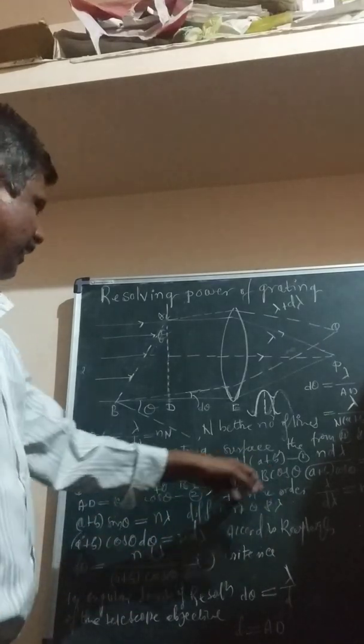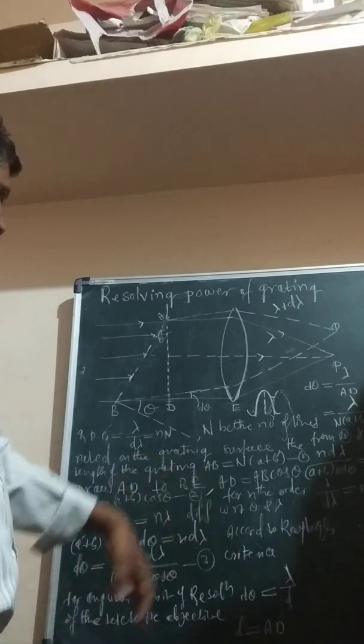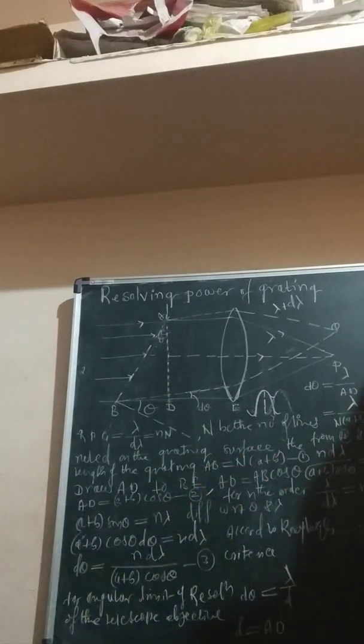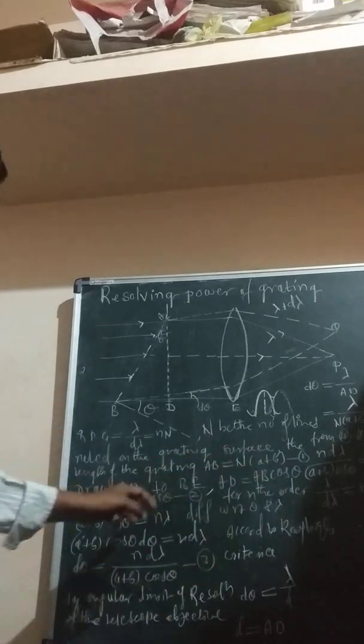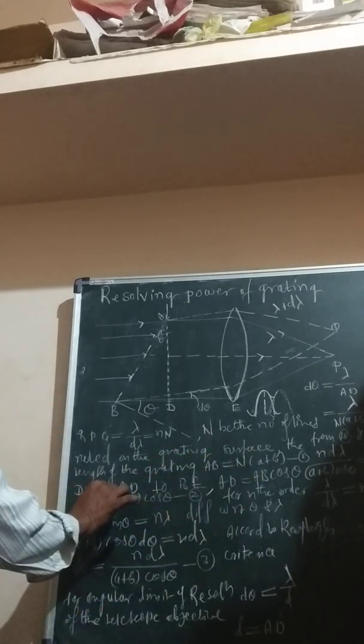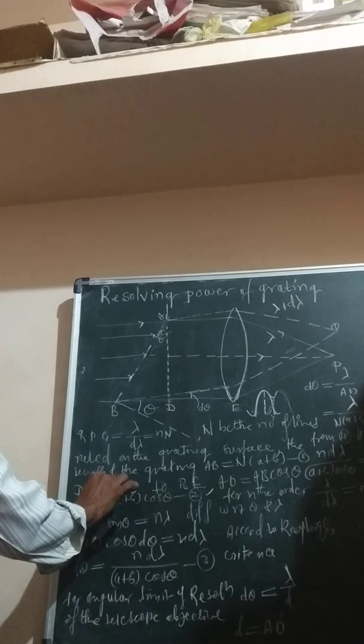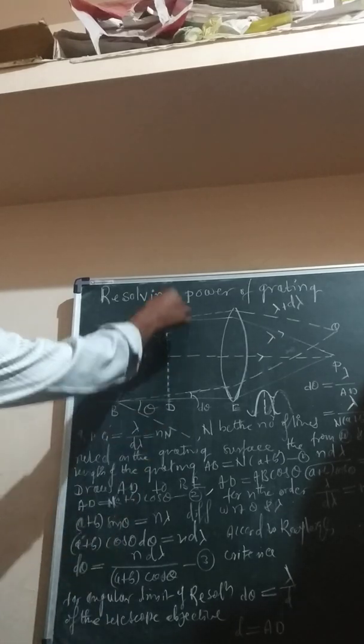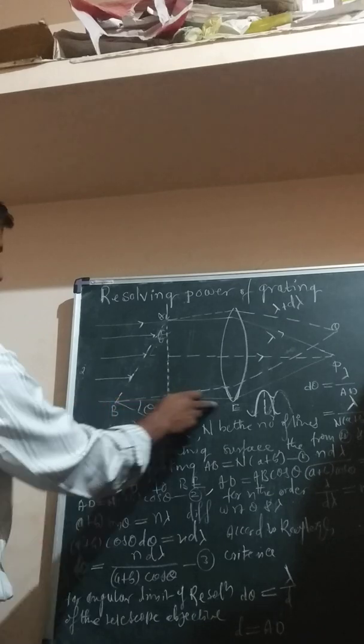But here the value of AB is equal to N into (a plus b). What I am telling is, you have drawn AD perpendicular to BE.